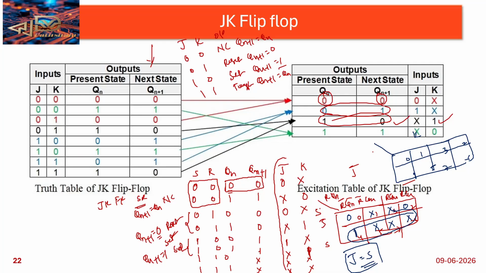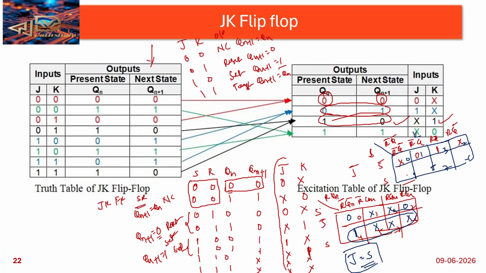This is S and R bar Q bar, S bar S, R bar Q bar, R bar Q, R Q, R Q bar. Where did we get ones here? Don't care. Again 0 and then don't care. 2 is don't care. 3 is 1.